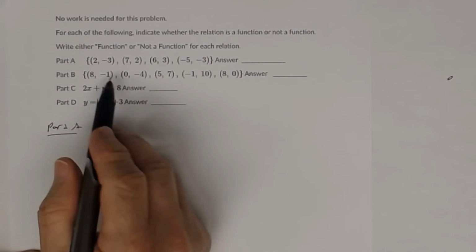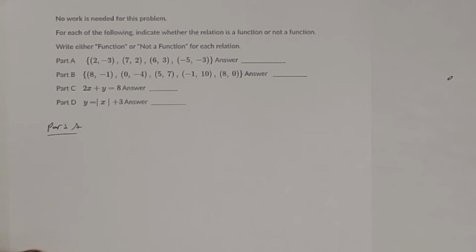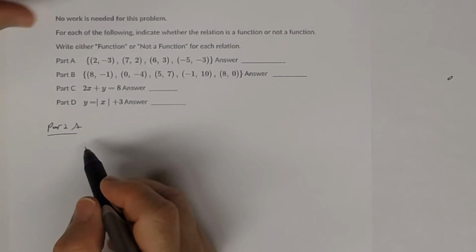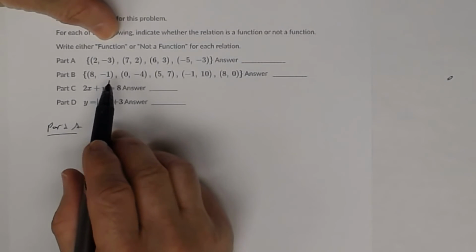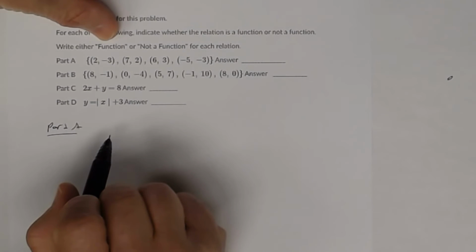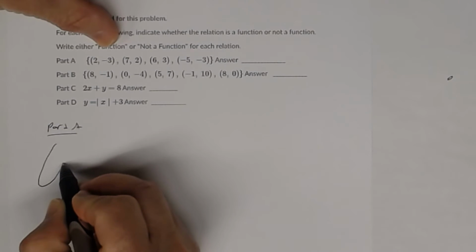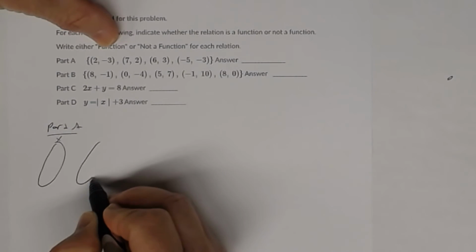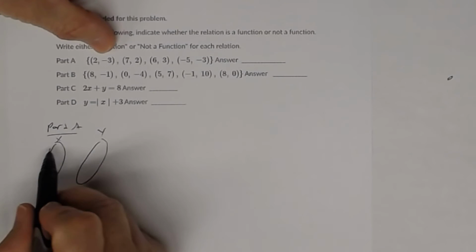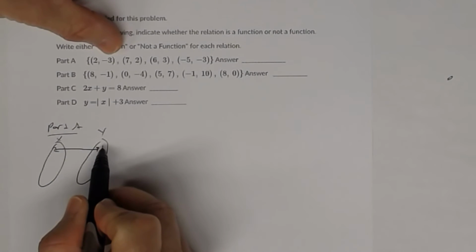In part A, since that's a finite set of ordered pairs, I'm going to use the idea of mapping. Remember, for a function, for each x coordinate there has to be exactly one y coordinate. So when I look at this in terms of a mapping, this is your x, this is your y. When x is 2, I get a y value of negative 3.